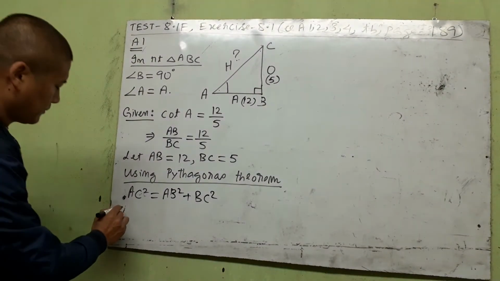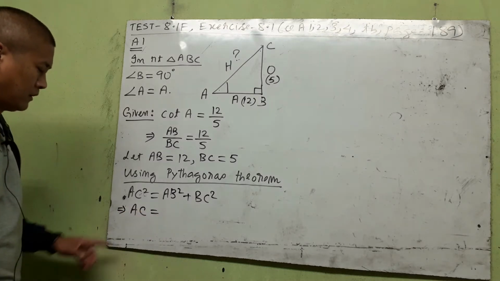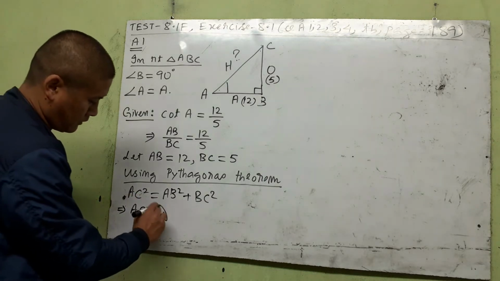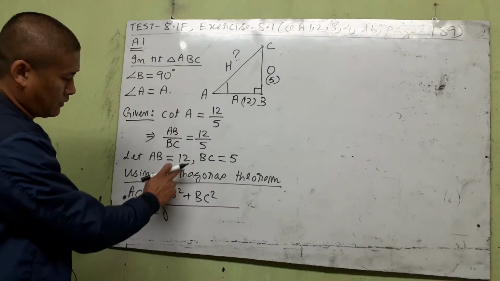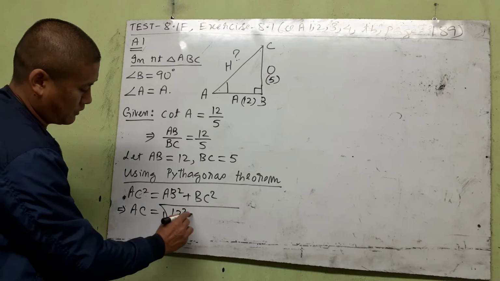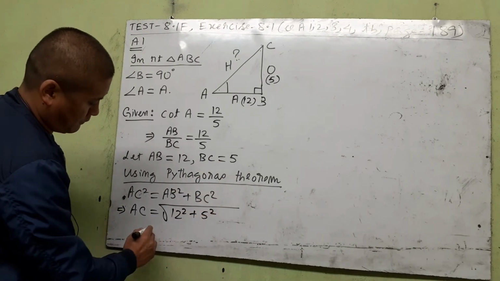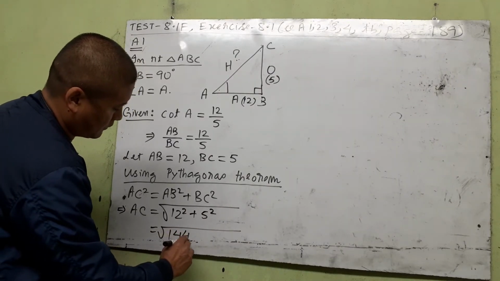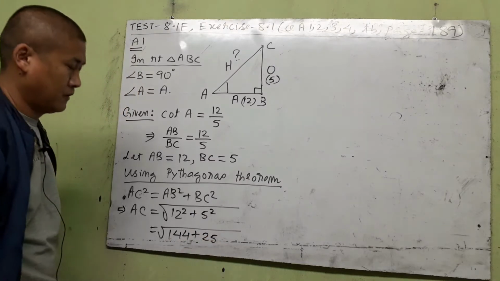So that will imply AC, if we remove the square on the left side, then root will come on the right-hand side. AB is 12, so 12 square, and BC square will be 5 square. So root over 12 12s are 144 plus 5 5s are 25.